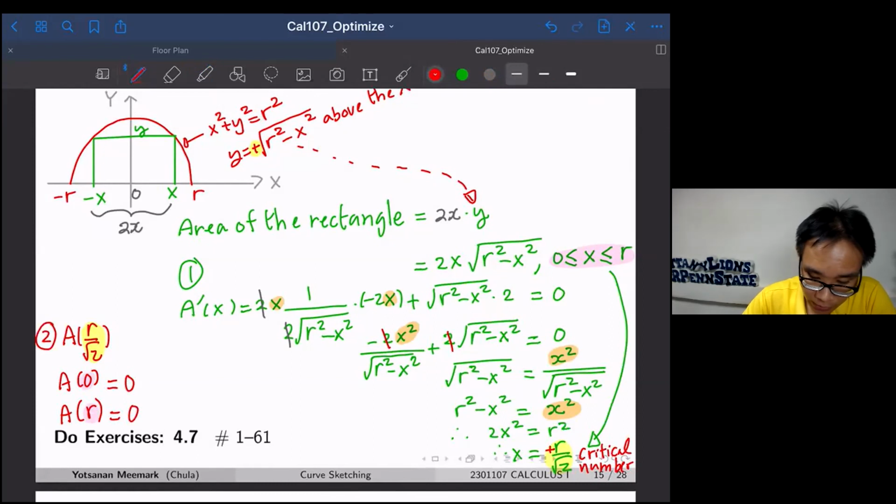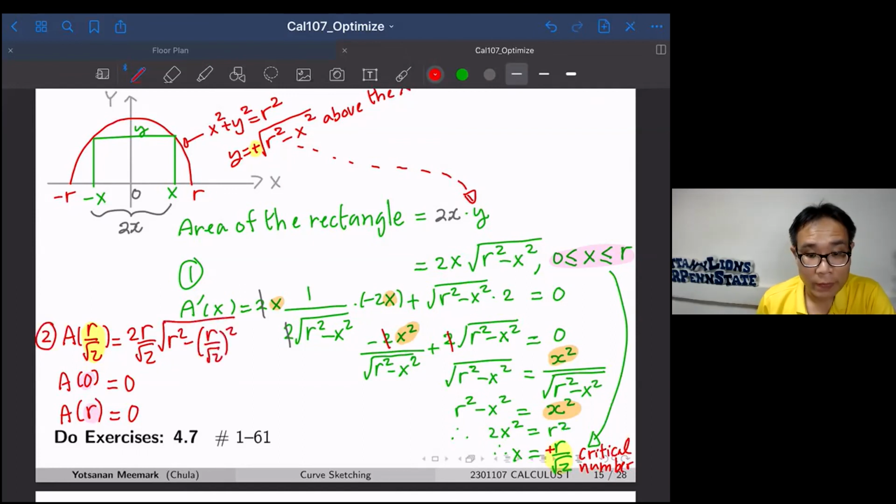And A at r over root 2 is 2 times r over root 2 times the square root of r squared minus (r over root 2) squared, which turned out to be 2r squared over 2, so it's r squared, and this one will be the absolute maximum.